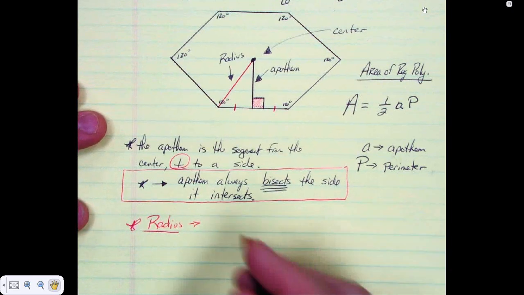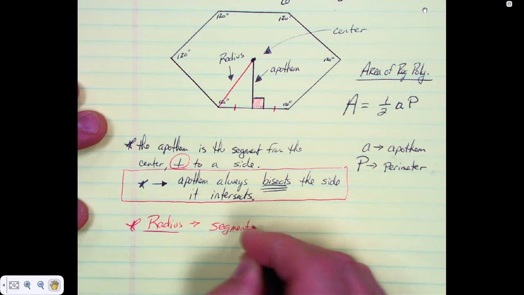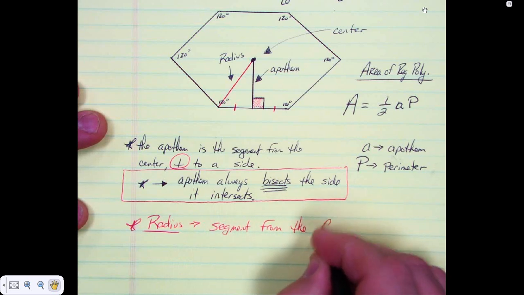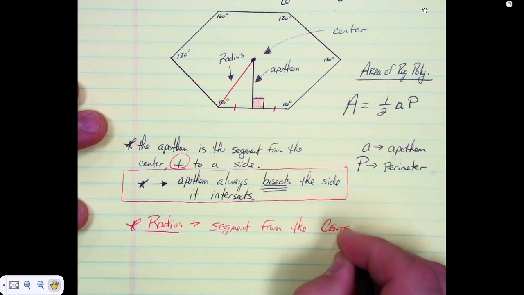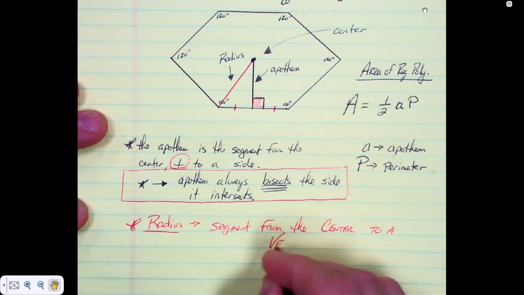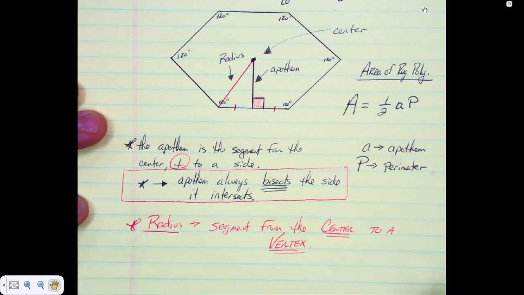The radius is the segment from the center to a vertex. Center to vertex, that is what the radius is.